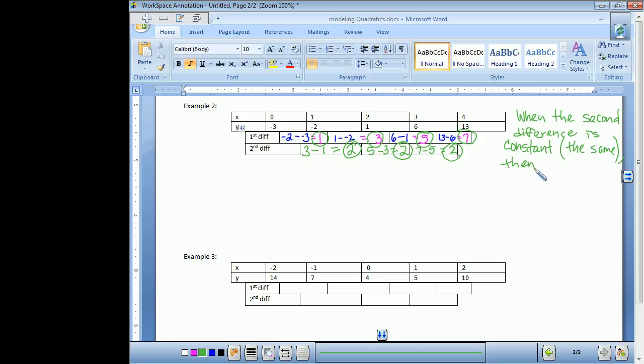Then we have a quadratic function. Okay, so if your teacher asks you what kind of function this is, you would say quadratic. And if your teacher asks you why, how would you defend why? What would you say? Because the second difference is constant. That's exactly what you'd say.